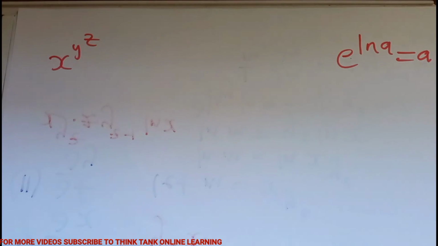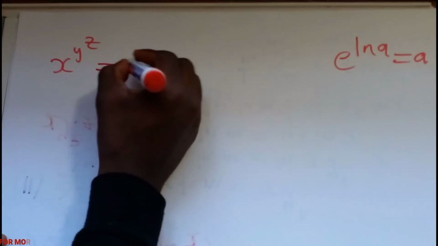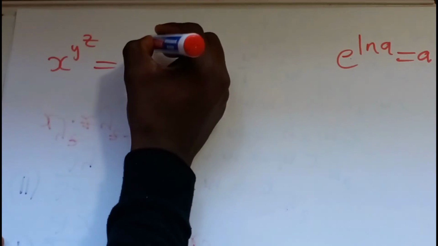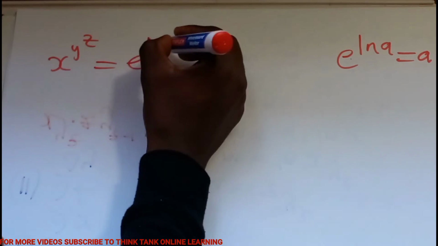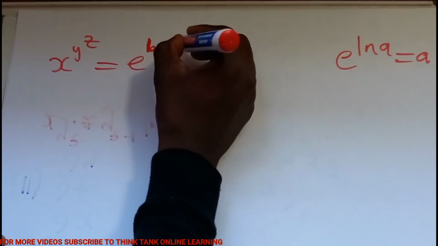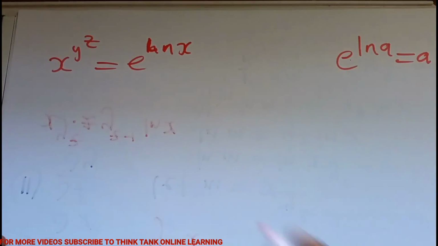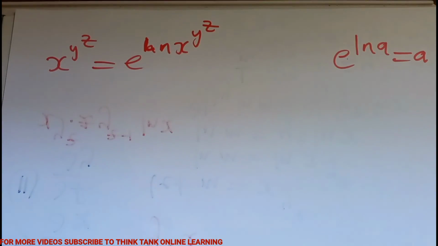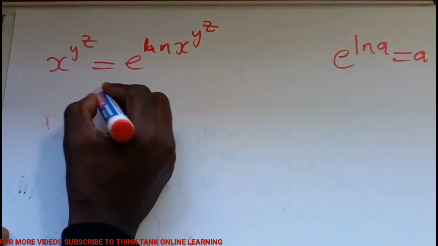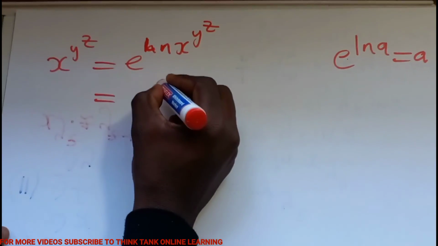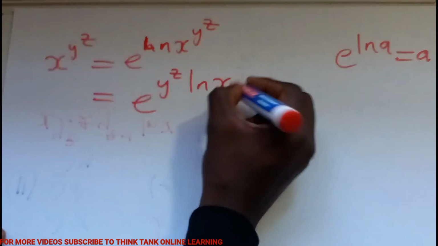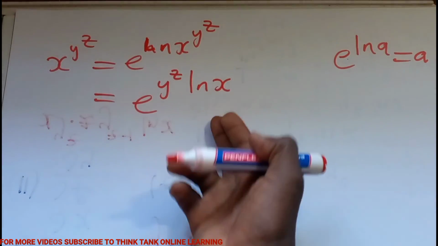So here we can say this is equal to e to the power ln x to the power y to the power z. As you can see, we can just drop the power here, so it's e to the power y to the power z ln x. It's another way.